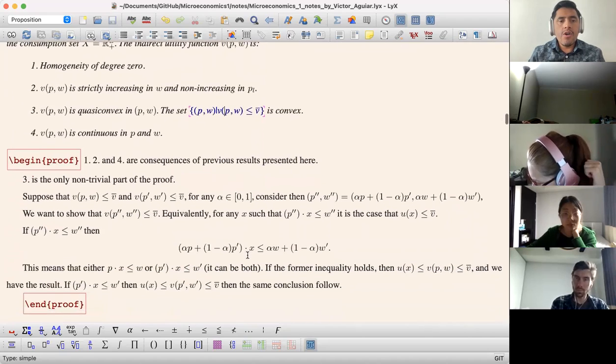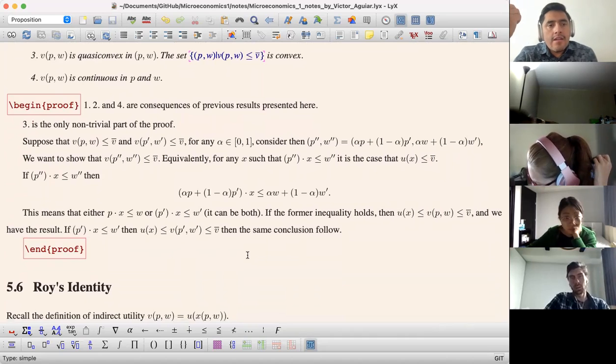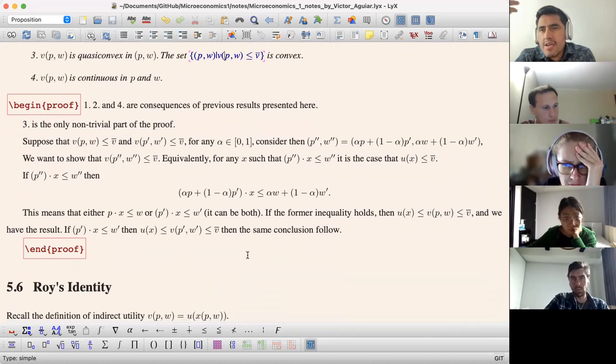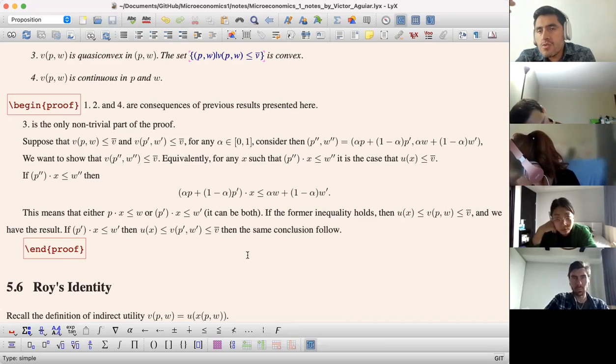Now, the only thing that really requires a proof is the quasi-convexity. This proof is very geometrical, so it doesn't have any behavioral meaning, but let's do it quickly because it helps us to use some properties and definitions.